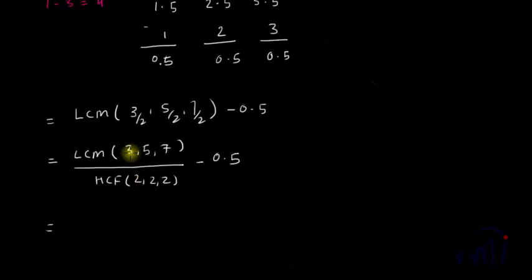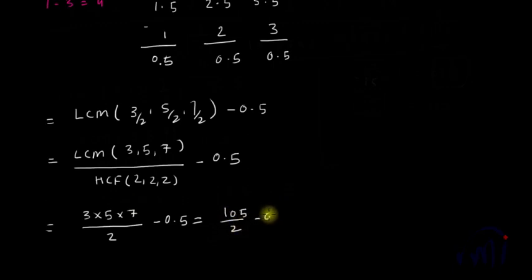LCM of 3, 5 and 7 will actually be the product of all these numbers, because all of them are prime numbers, divided by HCF of 2, 2 and 2, which is 2, minus 0.5. 5 3s are 15, 15 multiplied by 7 is 105, by 2 minus 0.5. 105 divided by 2 is 52.5, and minus 0.5 will give you 52.